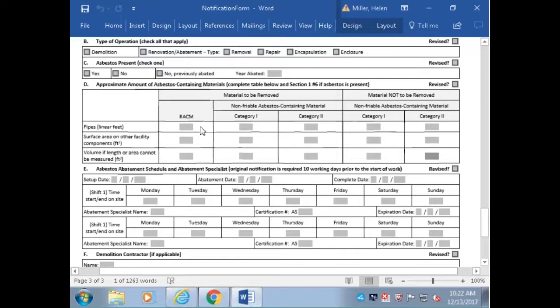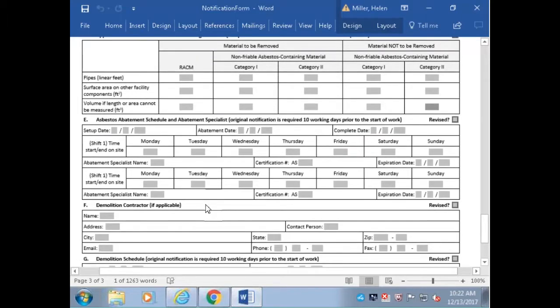That's a calculation you're going to have to do if you're filling out the paper form yourself, which we will go over in a little bit, with a couple examples of different scenarios with the fee calculation page that we've come up with to try to help. But here's where you will put the linear foot, the square foot, the cubic foot, and also your Category 1 and Category 2 non-friables as need be.